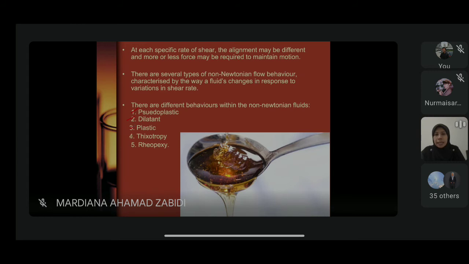But then when we talk about thixotropy as well as rheopexy, they are time dependent. Time dependent meaning that the longer you rotate the spindle, it will have effect towards the viscosity of that particular product. Okay, and it may become irreversible. Okay, we will discuss this one later.